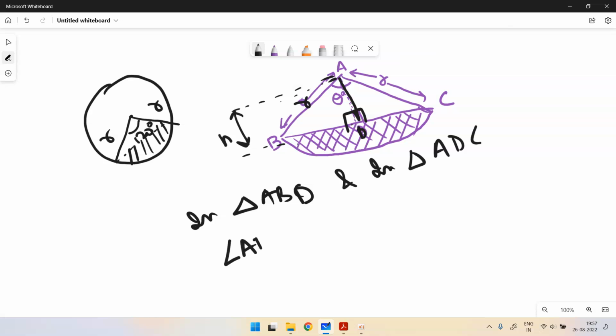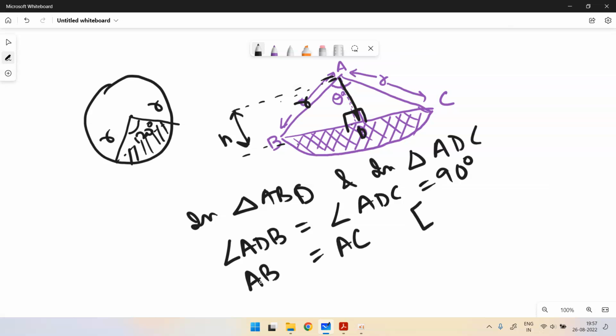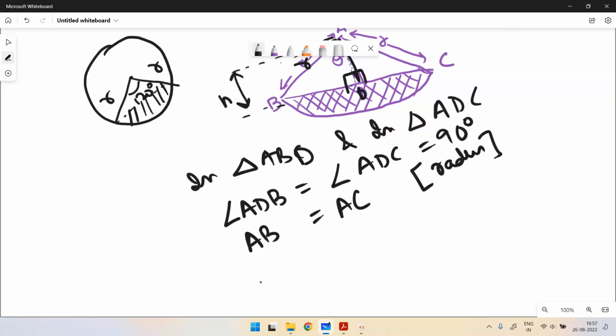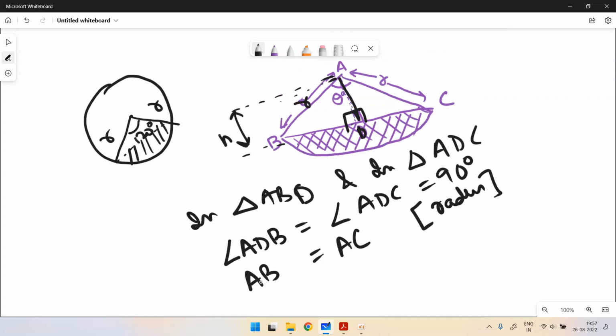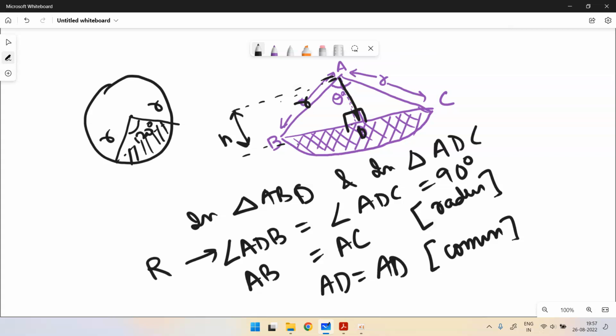is that angle ADB equals angle ADC, 90 degrees, and AB equals AC, both are radii of the circle, and AD equals AD, common. So this is right angle, hypotenuse, side.